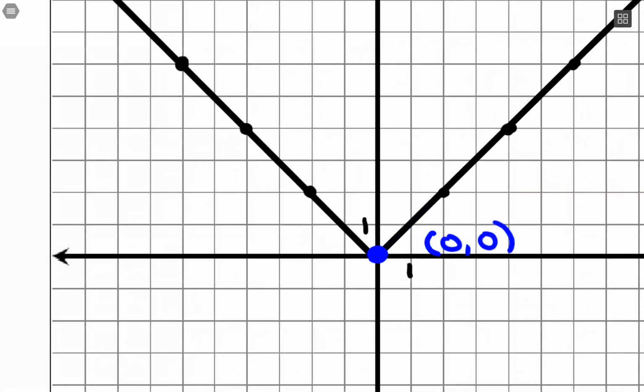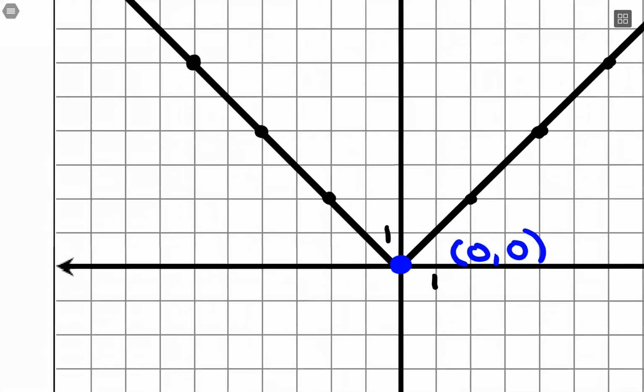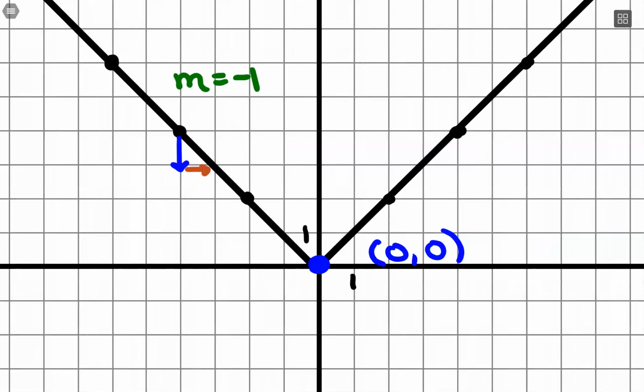So for this graph, what we can see is on the left-hand side here, there's this slope of -1 occurring. So over here we see the slope of -1, and then over here we can see a slope of +1. Move right 1, up 1. So over here, a slope of +1.